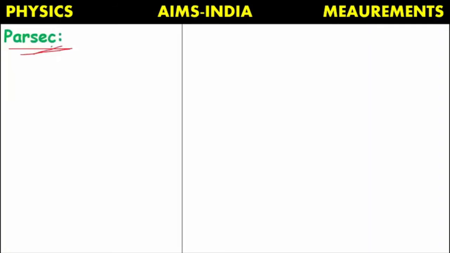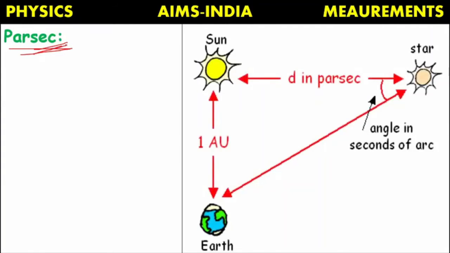Parsec. We have one more unit called parsec. We know that the distance between Earth and Sun is 1 astronomical unit. Suppose this is the arc of length 1 astronomical unit, and this is a star at some distant place.